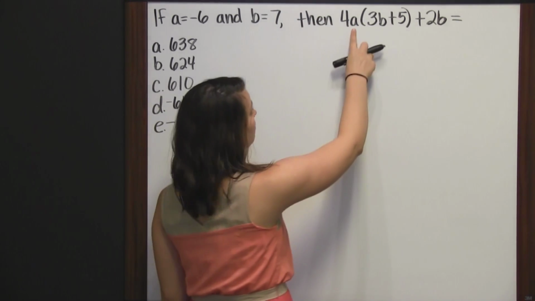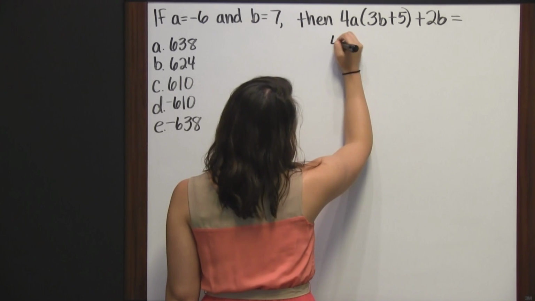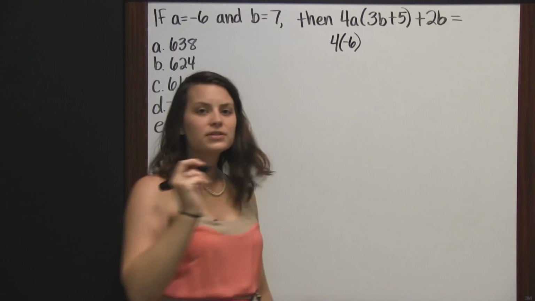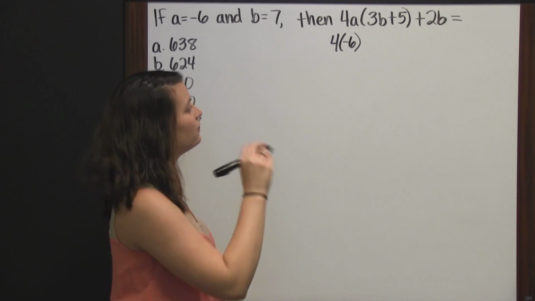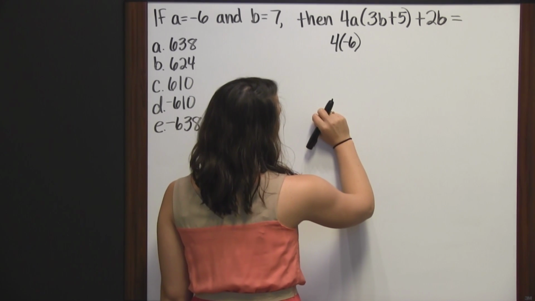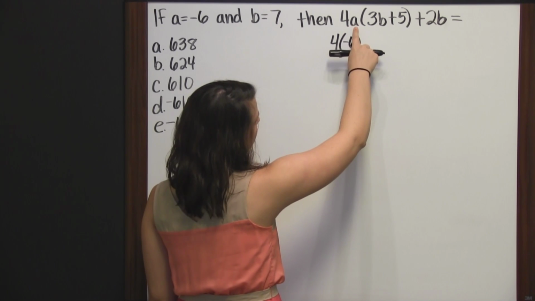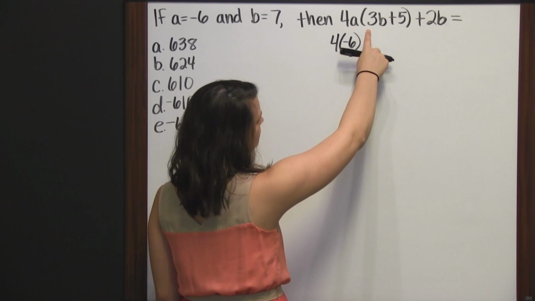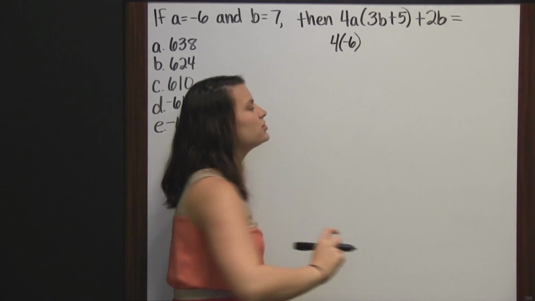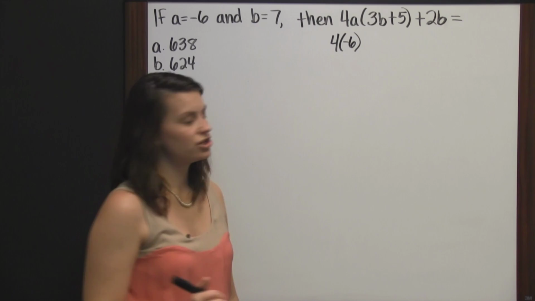Anytime you see a number and a letter written next to each other like this, that's multiplication. So I know that when I replace A with a -6, it's going to read 4 times -6. And you can use a little dot for a times sign, or you can even use the X for the times sign. But I'm just going to use parentheses. And then these parentheses here, since there's no sign between the A and the parentheses, not a plus sign, not a minus sign, or a division sign, again, it's understood to be multiplication.